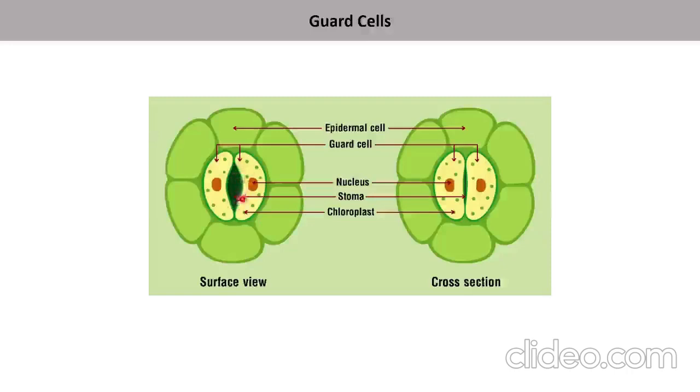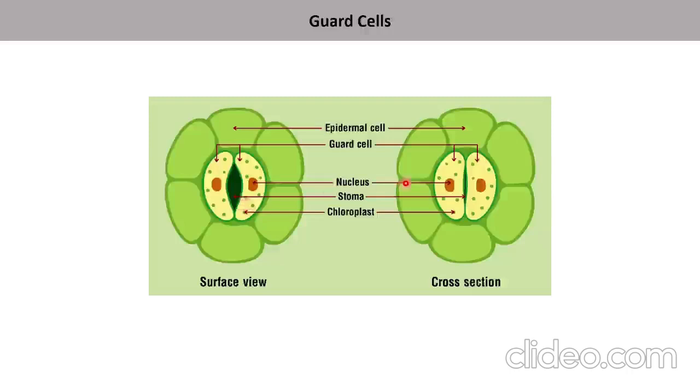Now how is the stomatal pore created? These two kidney bean like structures, this and this, are the guard cells. These guard cells are surrounded by the epidermal cells, which are the normal cells of the leaf, and the guard cells have their own chloroplast. They have their own nucleus as well.